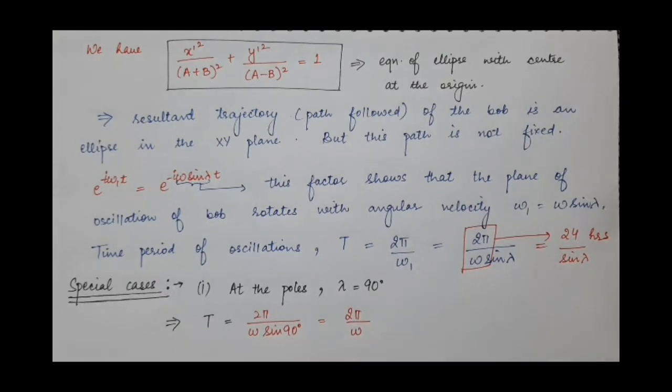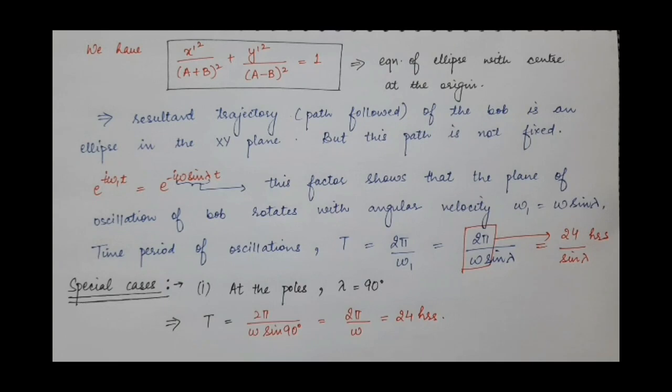So it will be equal to 2 pi by omega, and this 2 pi by omega is the time period taken by the earth to complete one rotation, which is equal to 24 hours. So at the poles, the time period of the oscillations of Foucault's pendulum is the same as the time taken by earth to complete one rotation.